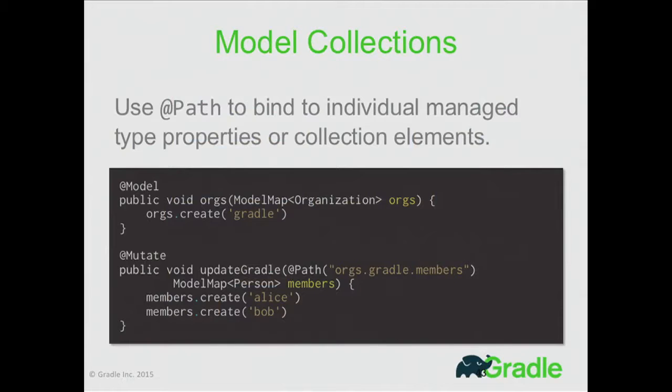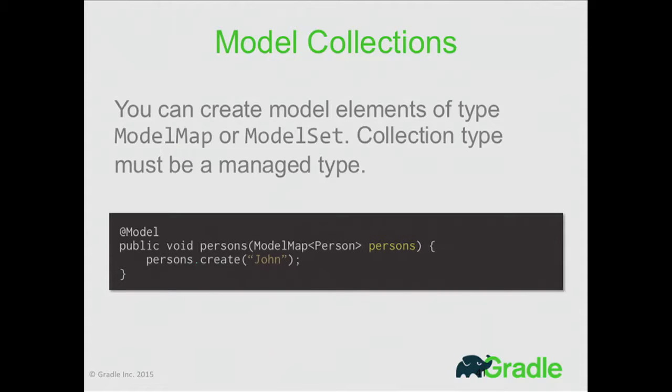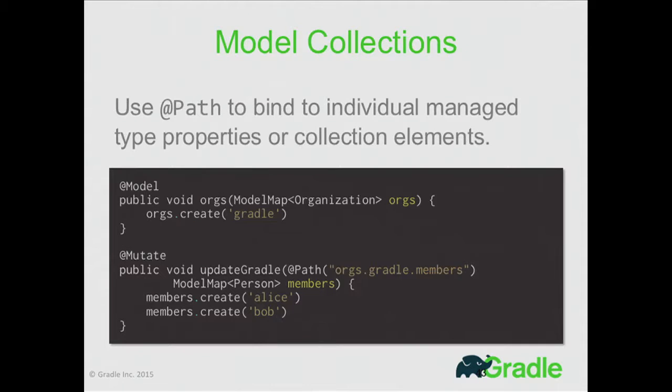And actually organization, and this might make more sense, organization is a thing that has a property called members. So this is the members property of this element of this collection. Right? So I can scope things down very specifically.